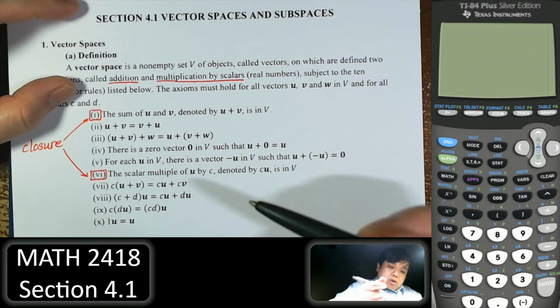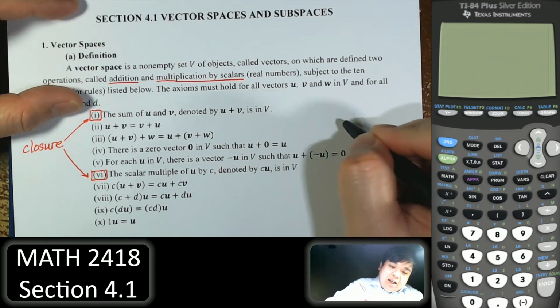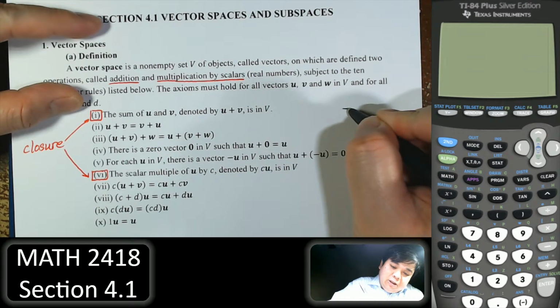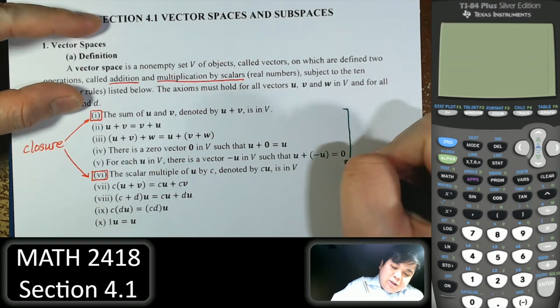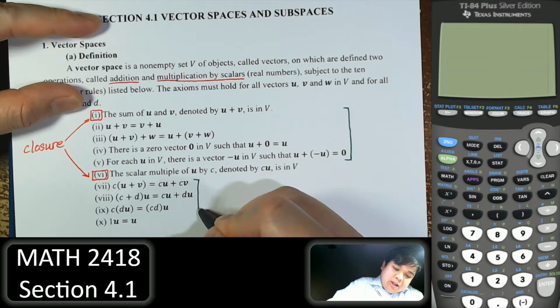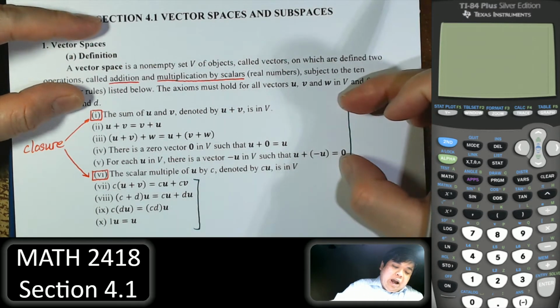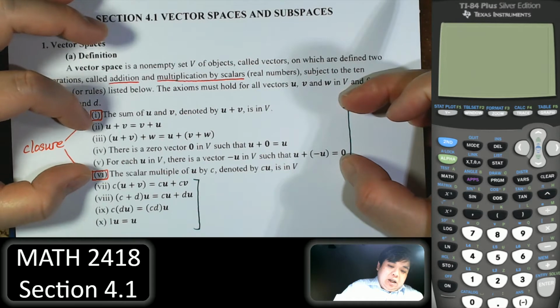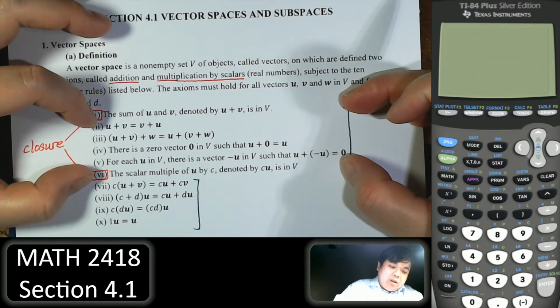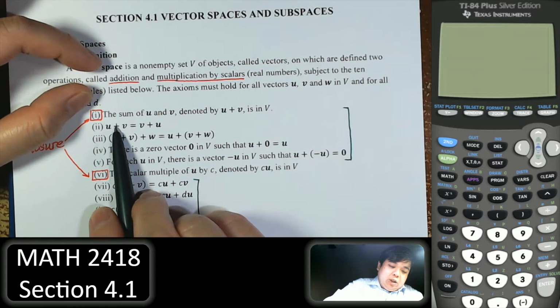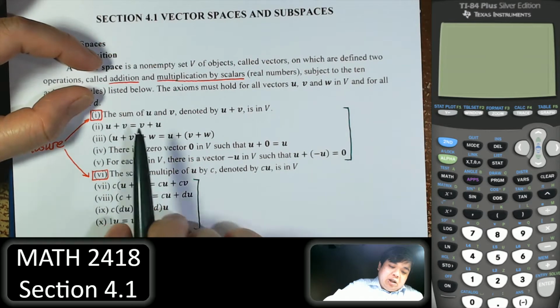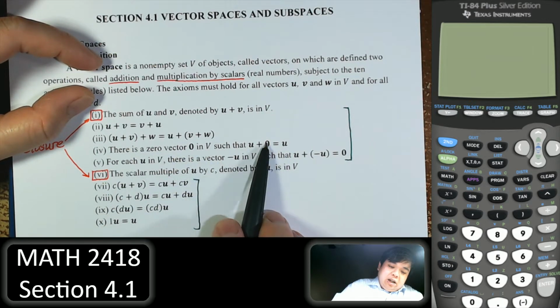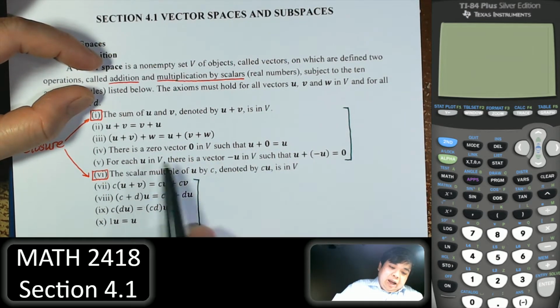And after the closure properties, we have this set of 4 axioms, and the set of these 4 axioms are related to the addition, so all of them are the addition. So there exists a zero vector and there exists the inverse.